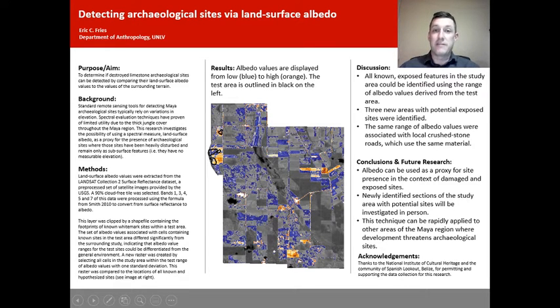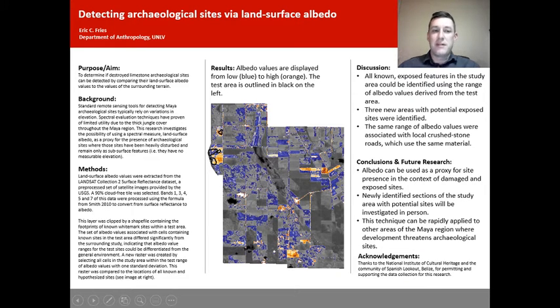And I found that they differed significantly in the range of their values, which indicates that the albedo value range for those test sites can be differentiated from the general environment, and therefore we should be able to pick out other similar cells that have similar albedo values and distinguish that they might also be sites.